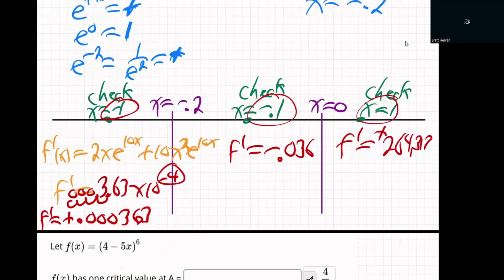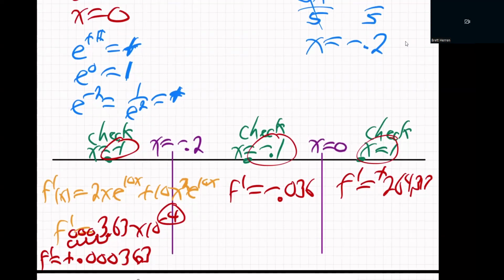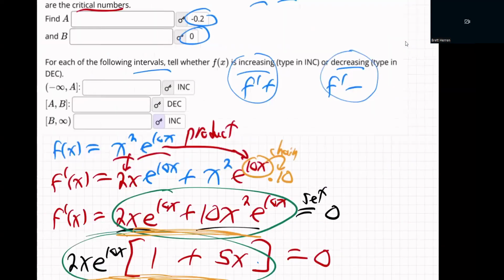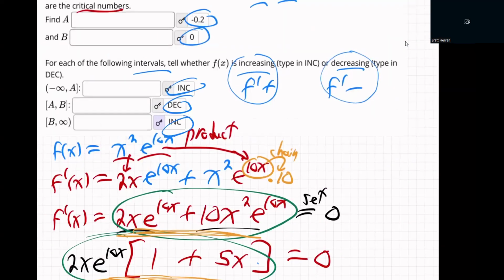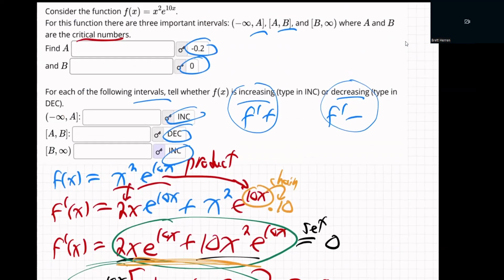That's all I care about. So it looks like our answers are positive, so that's increasing. So this is an increasing section, negative, decreasing, positive, increasing. So increasing, decreasing, increasing. And so there we go.